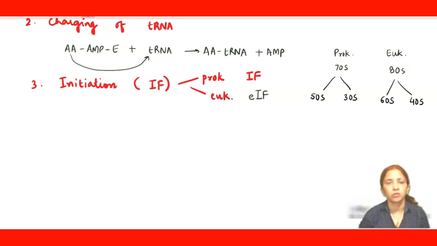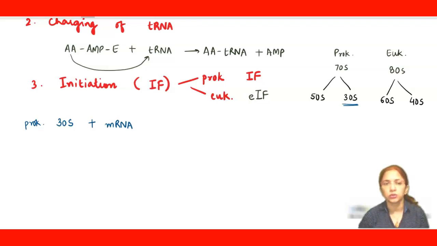Okay. Now, what happens in the initiation process? First of all, the smaller unit of the ribosome, so if we are talking about prokaryotes, then of course the smaller subunit will be 30S only, will unite with messenger RNA. Because messenger RNA has information in the form of triplets called codons, and this information will be translated in the form of amino acids.